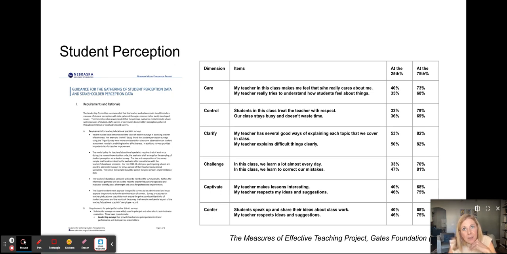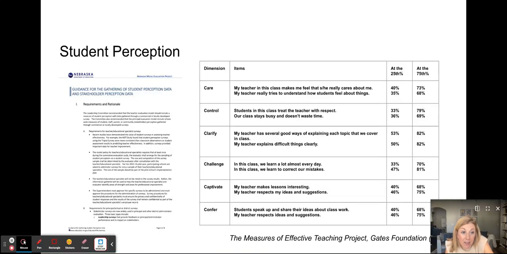Now, critics of using student perception data as one data source would say, well, if students like the teacher, they're going to give them a certain sort of rating. And that's going to impact then how teachers interact in the classroom.